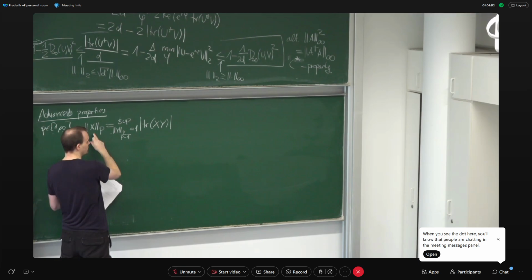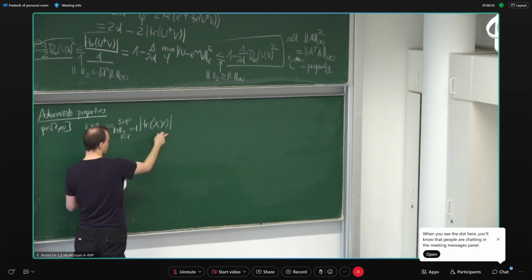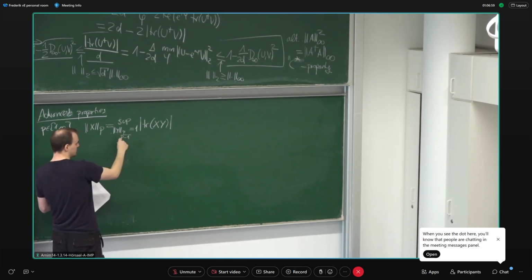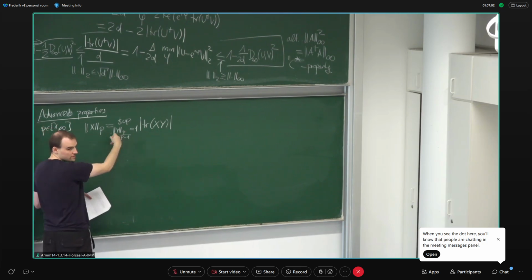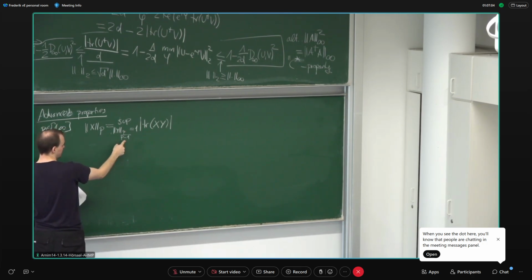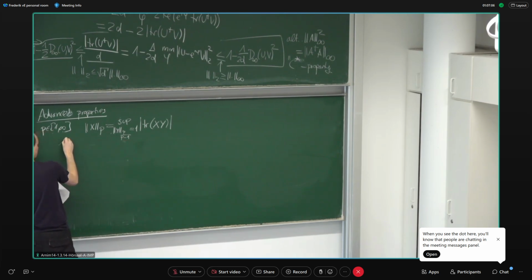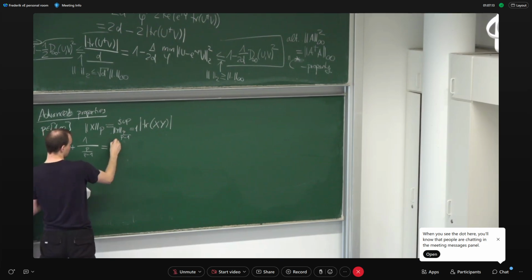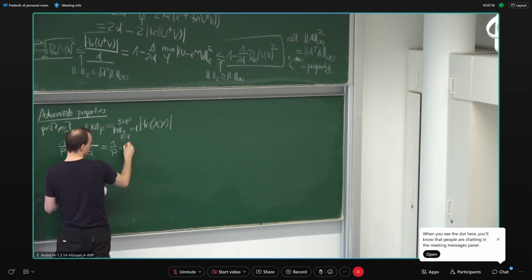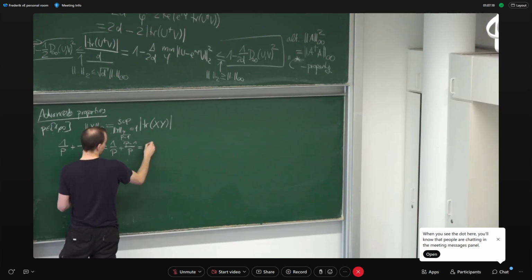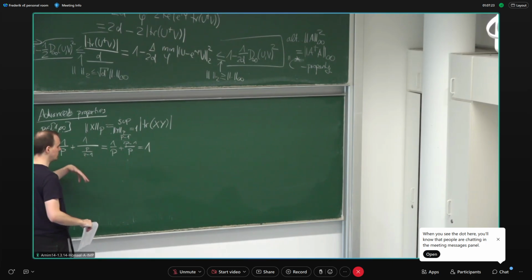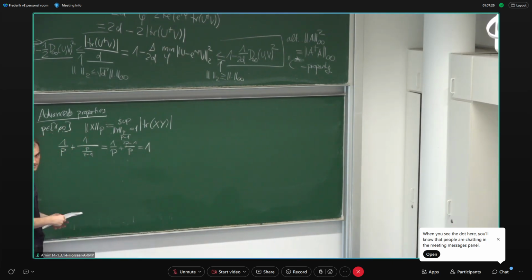So you get back the P norm if you optimize this trace duality over the unit sphere in this norm here. The reason this index comes up is that this index is conjugate to this one. So 1 over P plus 1 over this whole thing is one. We just flip the thing. So these two indices are conjugate in the usual sense.